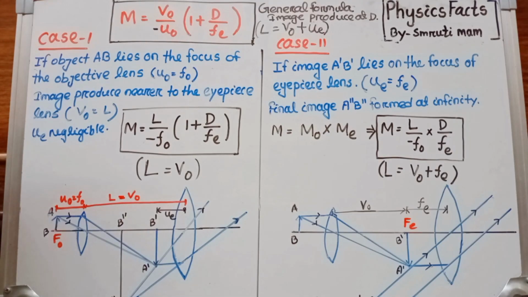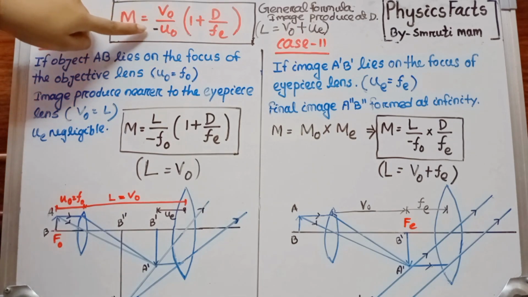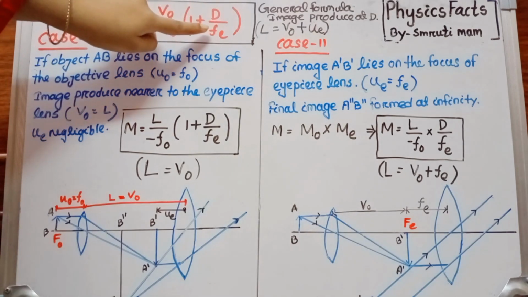Here we discuss the two cases of the compound microscope. First one, student: M equals VO by minus UO into 1 plus D by FE.